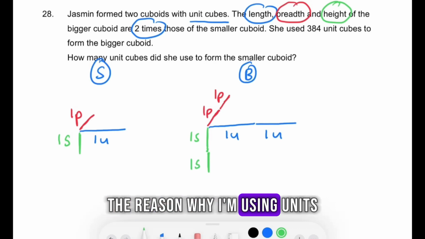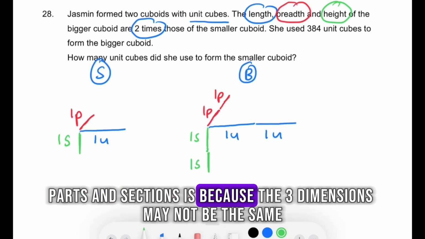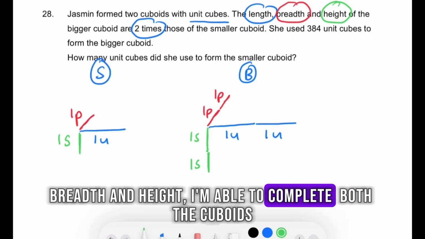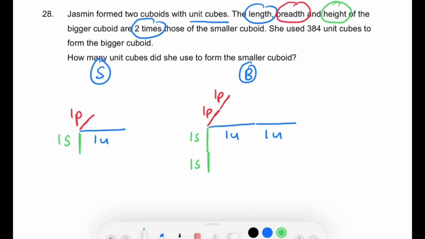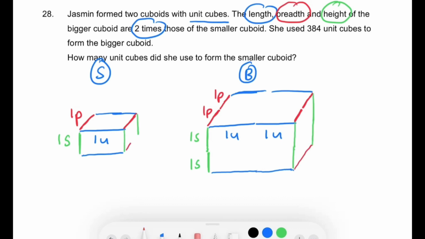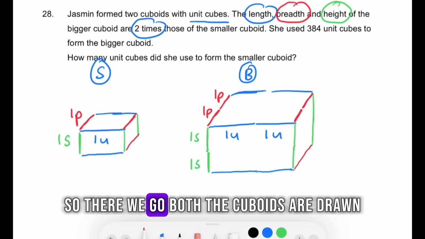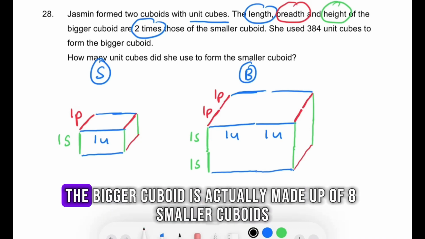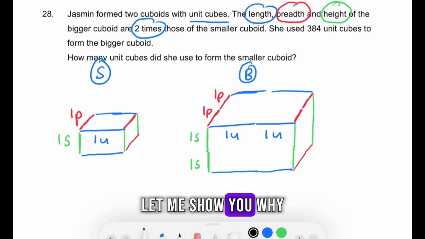The reason why I'm using units, parts, and sections is because the 3 dimensions may not be the same. So with the length, breadth, and height, I'm able to complete both the cuboids. So there we go, both the cuboids are drawn. Now if you were to examine closer, the bigger cuboid is actually made up of 8 smaller cuboids. Let me show you why.